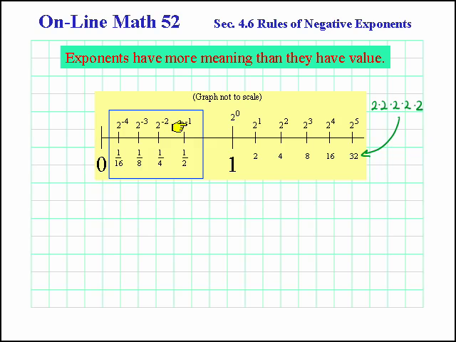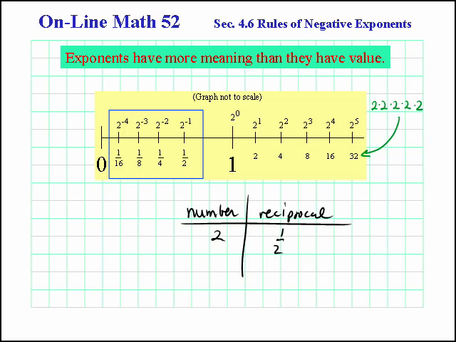What's the reciprocal of 2? The reciprocal of 2, thinking of a 2 over 1, is 1/2. So if I were to continue this and I said, here's a number, and here's its reciprocal, if the number were 2, the reciprocal would be 1/2.